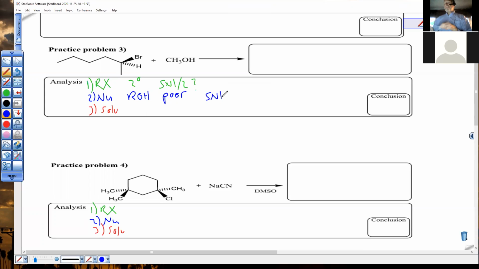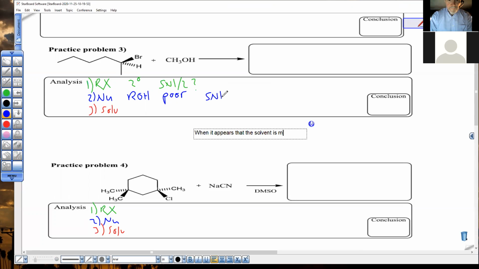When it appears the solvent is missing, then the nucleophile is also the solvent. And the reaction is called... It's very common.